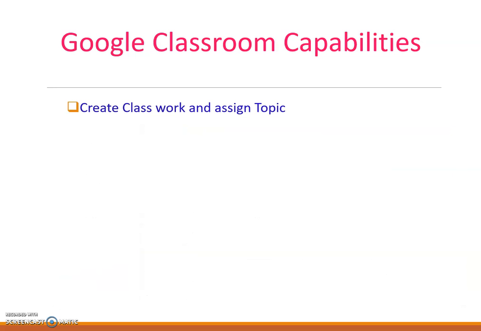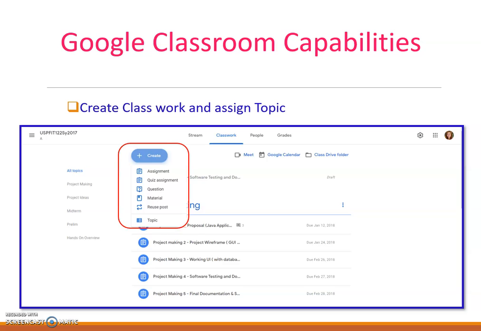So you could create classwork and assign topics now. These are some of the classwork that you could create. You can create an assignment. You can also create a quiz assignment using Google Form.